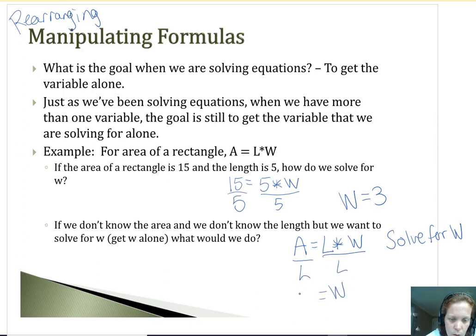So the width is area divided by length. And sometimes we can flip around the sides to make it look nicer. So that would be my equation solved for W. We're just moving around the variables to get the variable we want to solve for alone. So that would be my answer, no numbers.